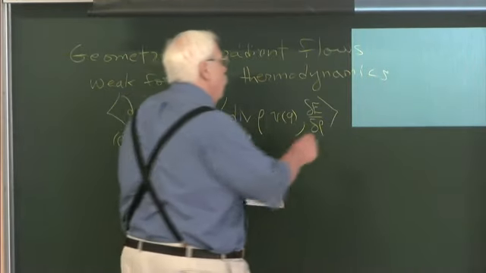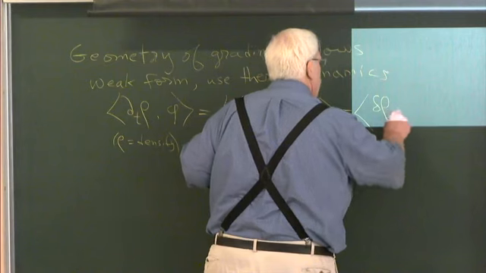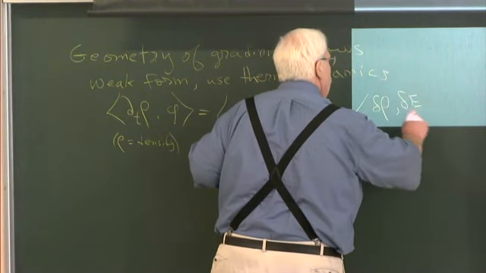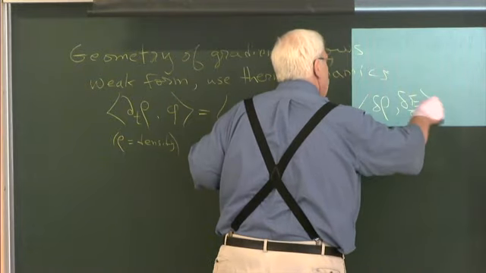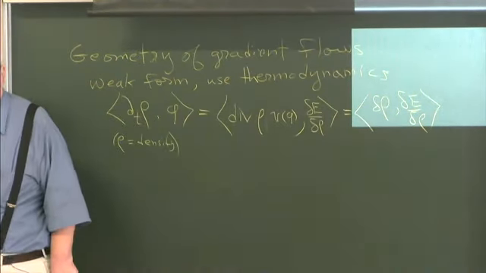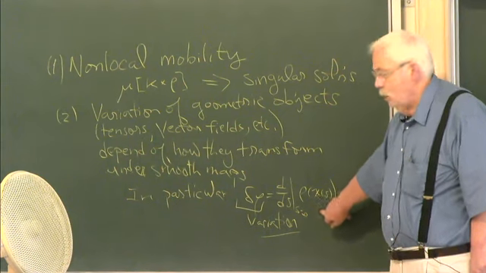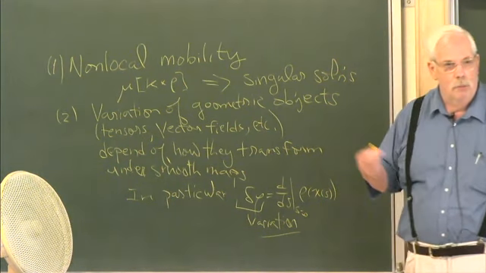Okay, this guy is the pairing of delta rho with dE d rho. It's going to be a delta rho which is defined by how it transforms infinitesimally.